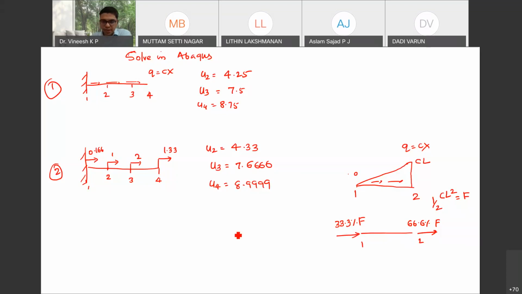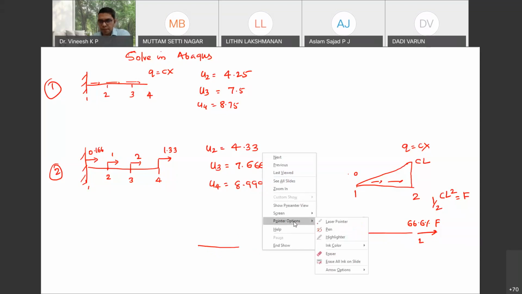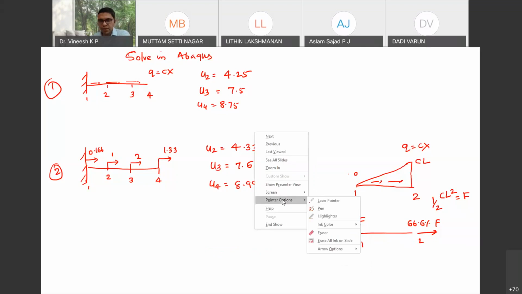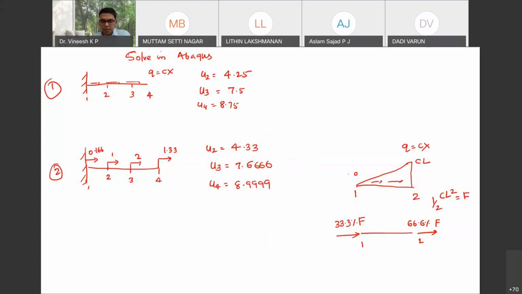Now look at the last tutorial, the last class. What we did in the last class, I gave you a problem where Q is equal to constant. So what is the condition if Q is equal to constant?